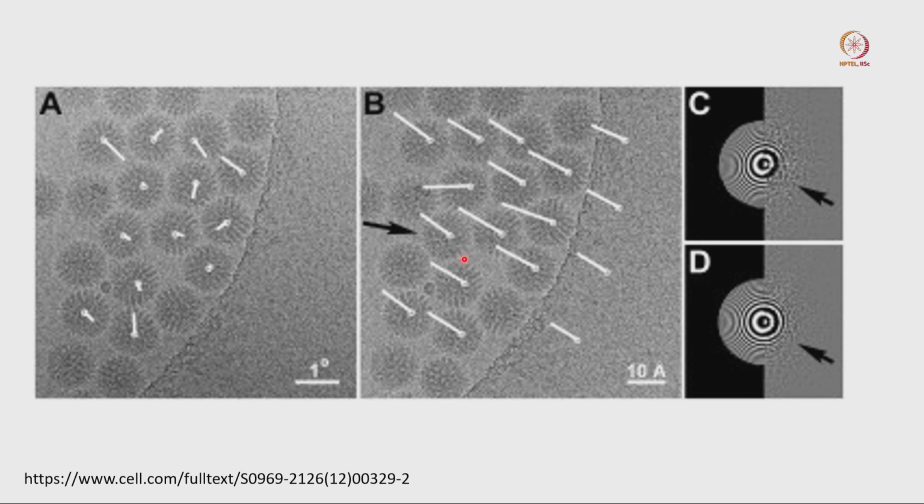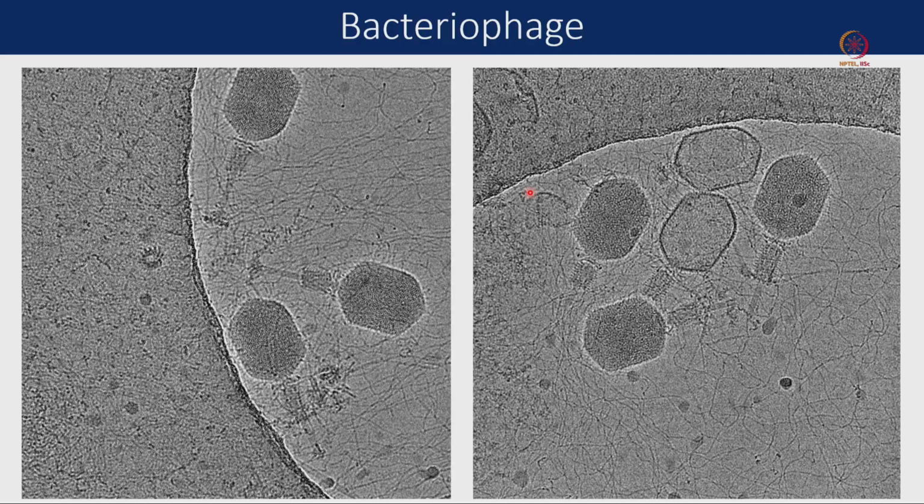But in this particular case, if we do not correct the motion, a lot of the side chain features, or the helix or beta strand, will be scrambled, and it will be very difficult to identify the individual helix or beta strand, because there is a lot of random motion and we are trying to put all of them together to get a high resolution structure, which is not possible. That is the reason whenever we get cryo data, if we want a high resolution structure, we do the motion correction first and then go for the next step.